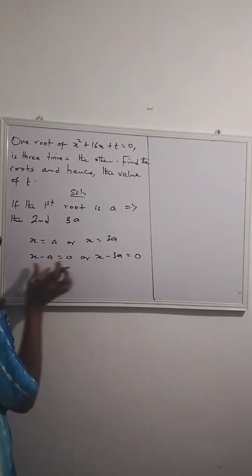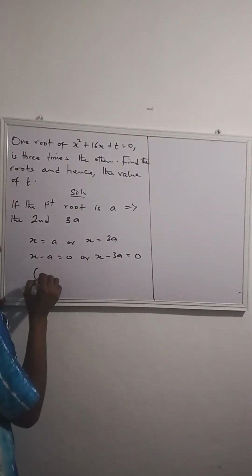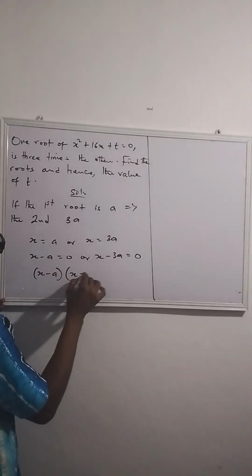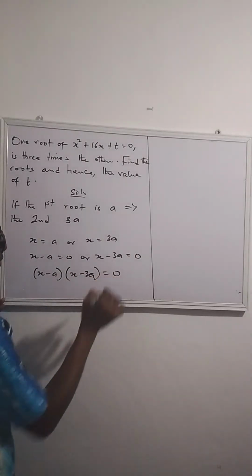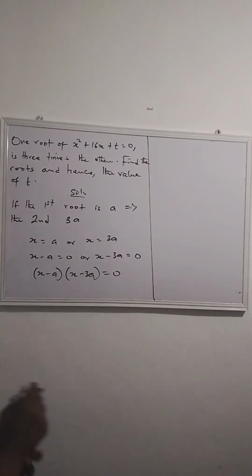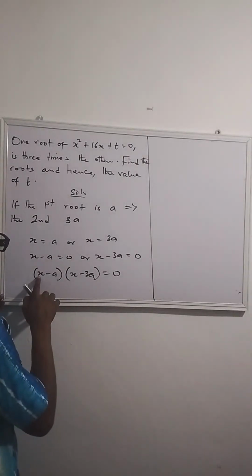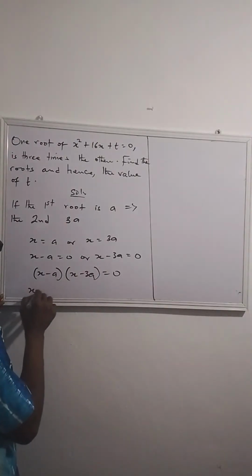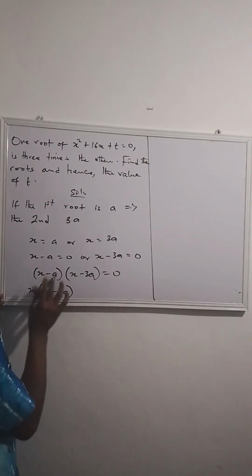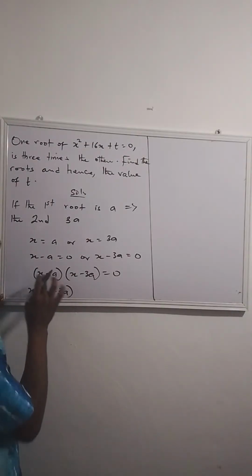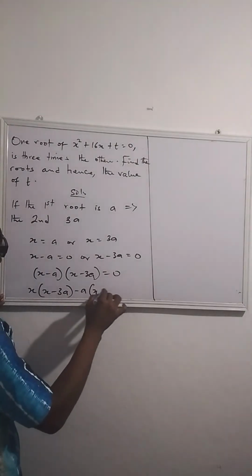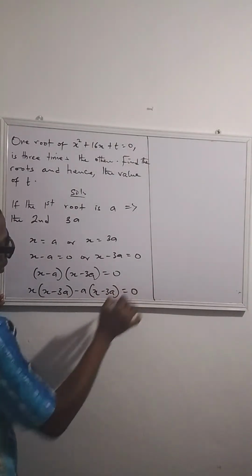And then you pick this and this side by side: x minus a times x minus 3a equals to 0. Okay, so now we expand this. Write it this way: x times x minus 3a. Now you pick the second term, minus a times x minus 3a equals to 0.